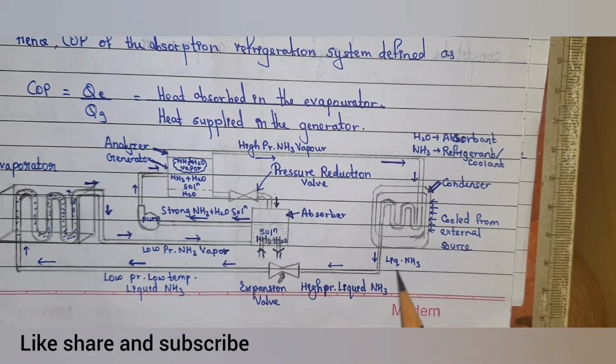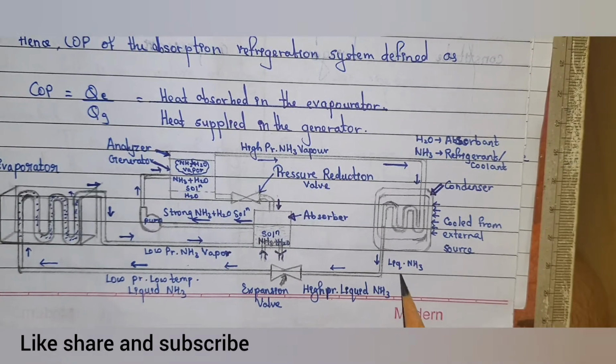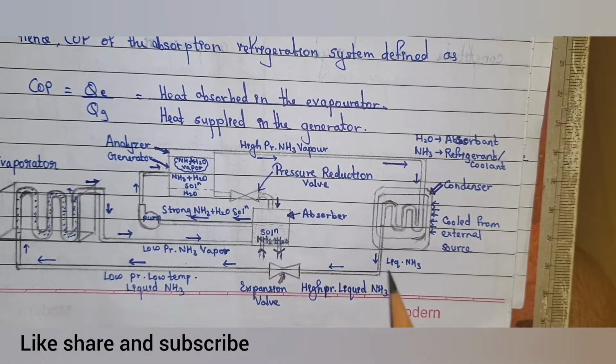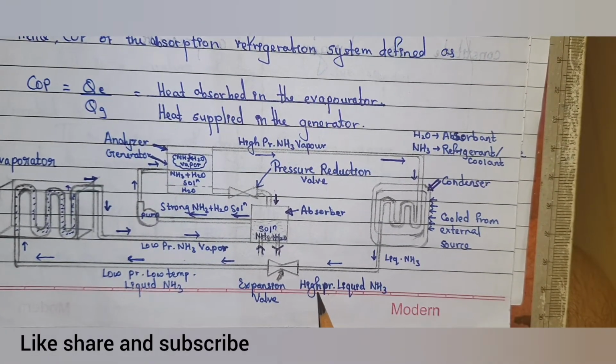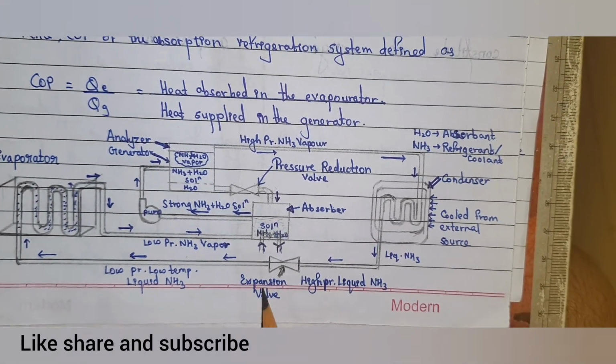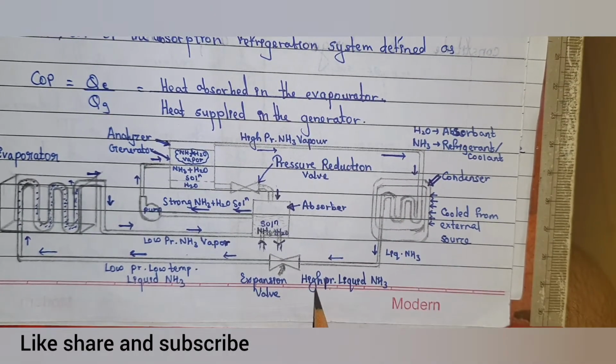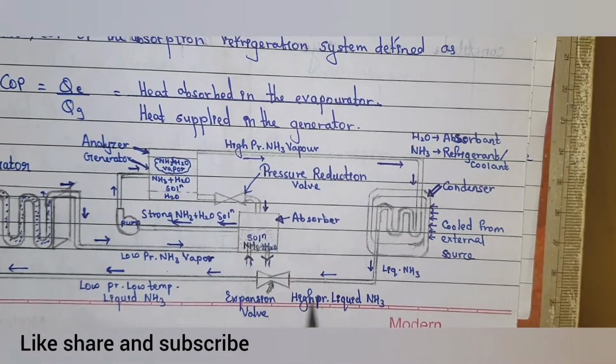This is actually the NH3 model, that is the ammonia model. So liquid NH3 gets transferred at high pressure into the expansion valve. The condenser's function is to increase the pressure and temperature.